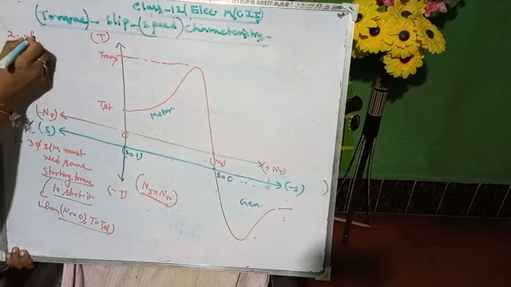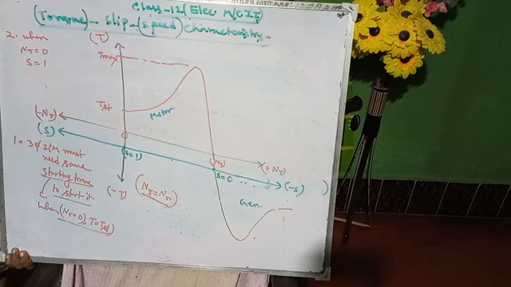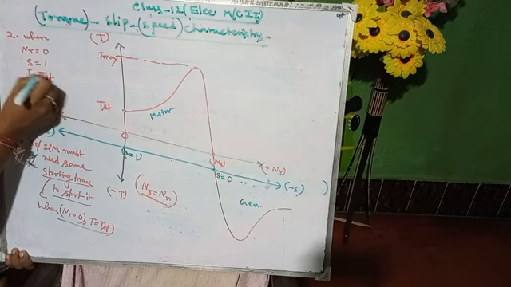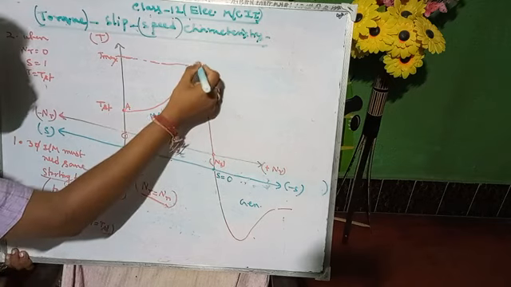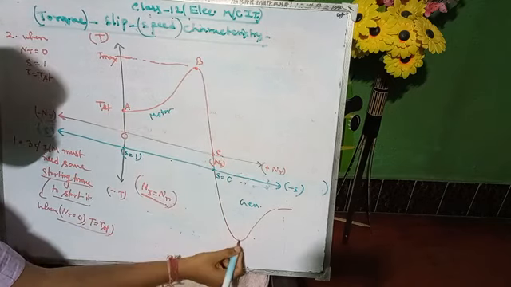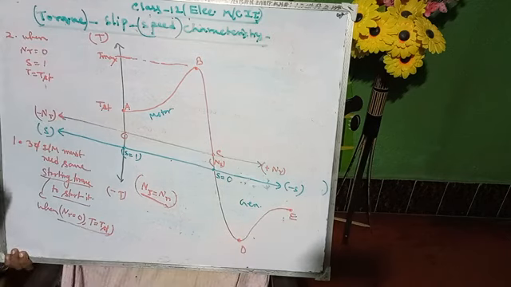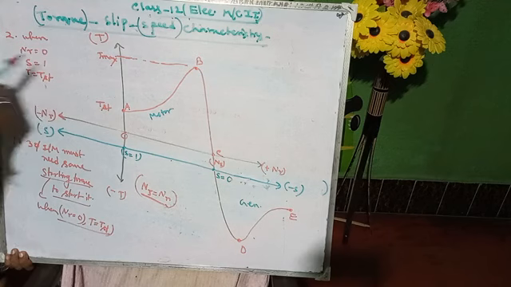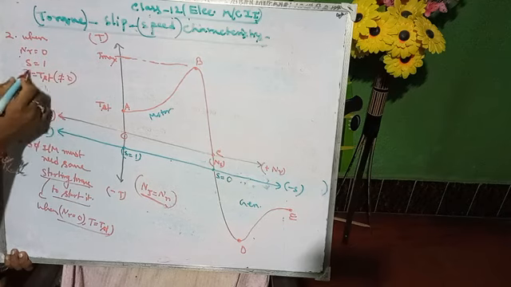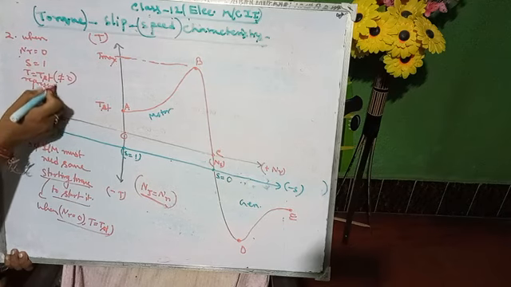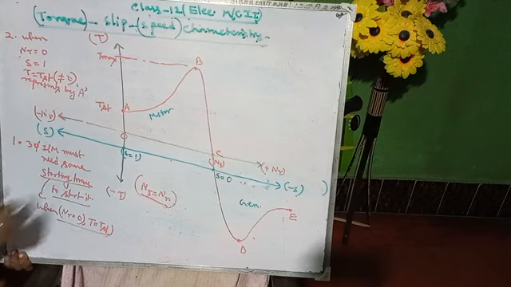When nr equals 0, slip equals 1, and T equals Tst. Suppose we name the points A, B, C, D, and finally E. So when nr equals 0, slip equals 1, torque equals starting torque, non-zero, not equal to 0. This is represented by point A.